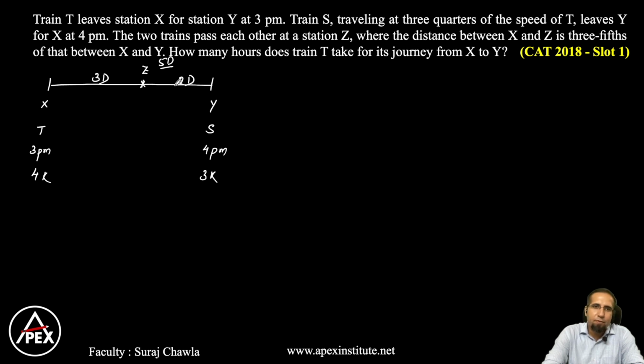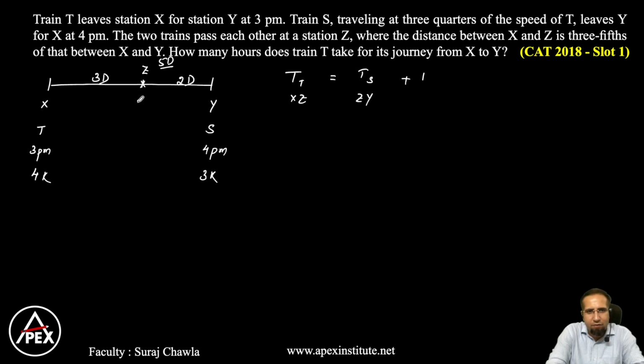Now what can you comment when two people are meeting? I can say that the time taken by train T to cover XZ will definitely be 1 hour more than the time taken by train S to cover ZY. Let's take an example.